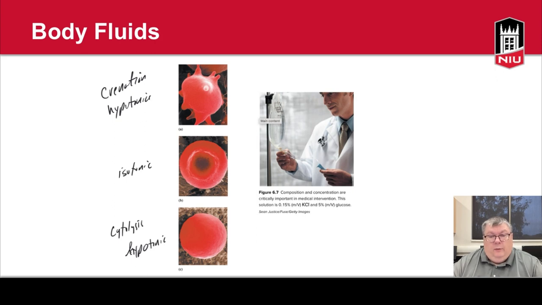And it has to do with the osmolarity, one being a hypotonic, one being a hypertonic solution, and the direction of flow of water from areas of high water concentration to areas of low water concentration.